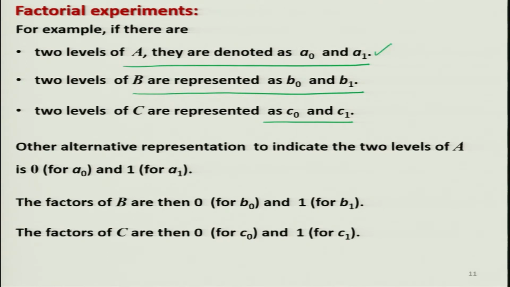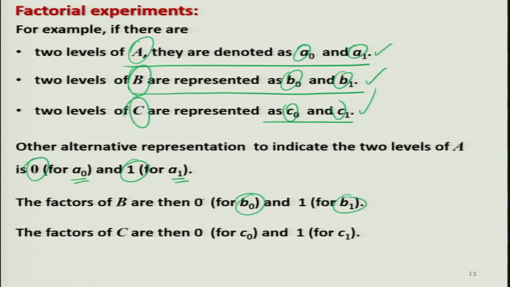You can see that the levels are indicated by lowercase alphabets and the factors by uppercase alphabets. In the other notation, for A0 and A1 we can use 0 and 1, for B0 and B1 we can use 0 and 1, and for C0 and C1 we can use 0 and 1.